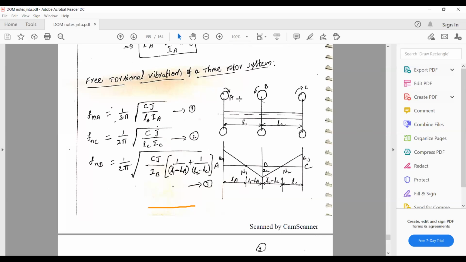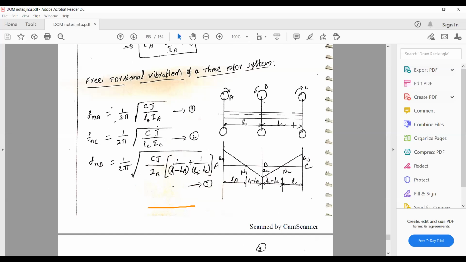A is clockwise and B is anti-clockwise, and if B is rotating anti-clockwise, then C is rotating clockwise. That way you have to arrange the rotors. When we arrange them, the distance between A and B is L1, and between B and C is L2.